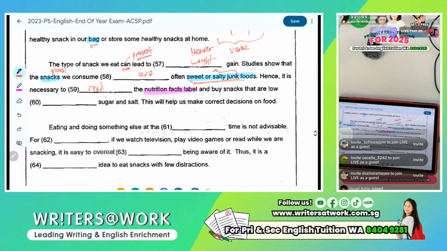Okay? And you want to talk about how your snacks are low in this content. So these ingredients that are inside. So we'll say low in sugar or salt. Okay? This will help us make correct decisions on food.